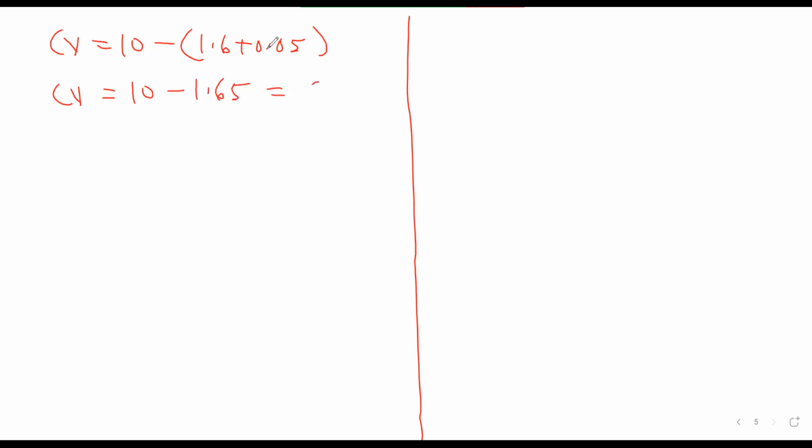And this will give us 8.35. Are we okay? All right. That is also another way. There's another way that you can also find it, but you just have to take the one that you are comfortable with.